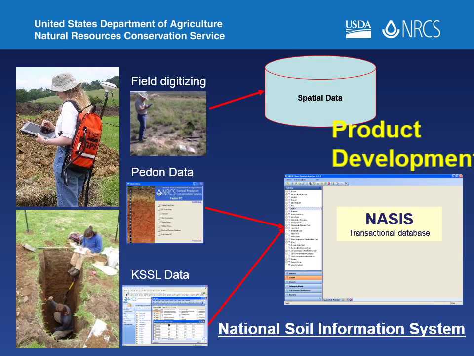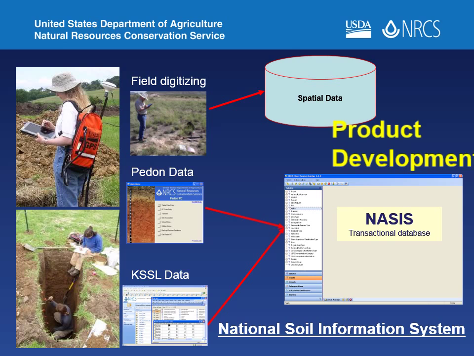So you do your field digitizing, that becomes spatial data. And then you go in there and you collect your data. And you can write your pedon descriptions out of an auger hole, or you can do a pit and do some sampling. But regardless, that description is put into a database, whether it's in the Pedon PC database, or if it's been sampled, whether you're collecting that information and getting it analyzed and put into the KSSL database.